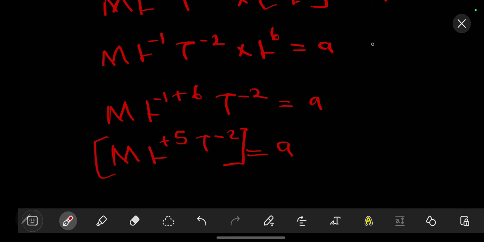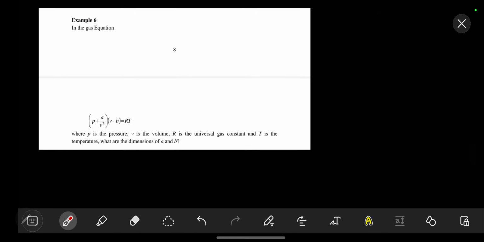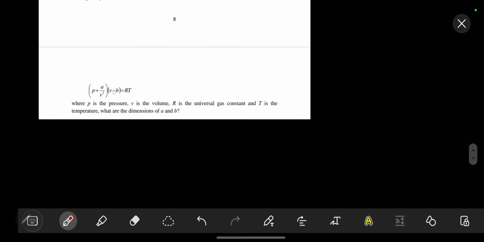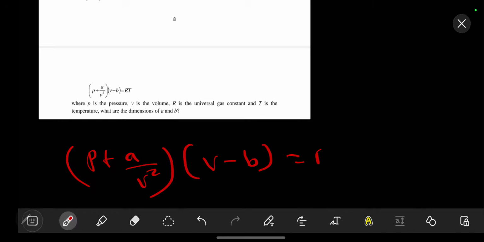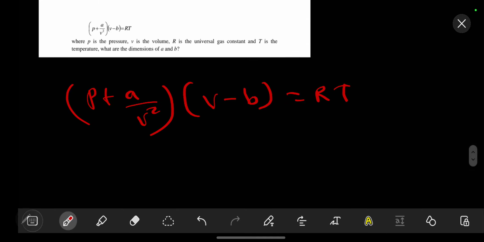Let's look at our B. For our B, this is what we have. So now we have P plus A over V squared, then V minus B should be equal to RT. Now, according to the principle of homogeneity, only like terms can be added or subtracted. So if we have V minus B, it means the dimensions of V are the same as the dimensions of B, without considering the sign.